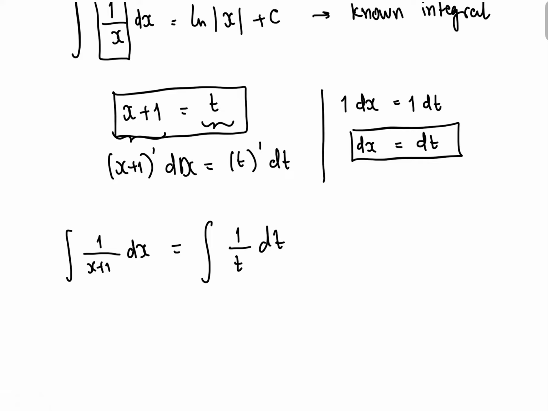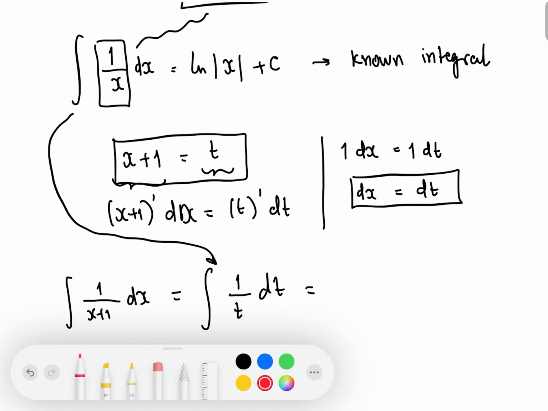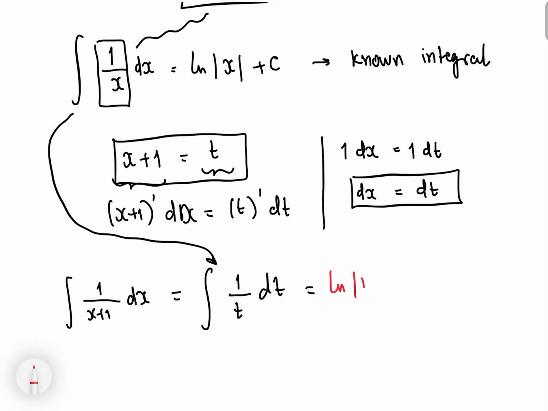And if you have a look at this, it is the same as this integral here, and that is ln of t plus c, which when we go back to our substitution, we can write ln of x plus 1 plus c, the absolute value, of course.